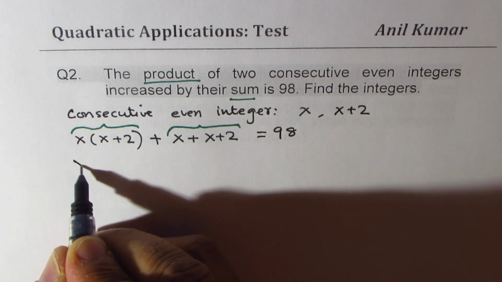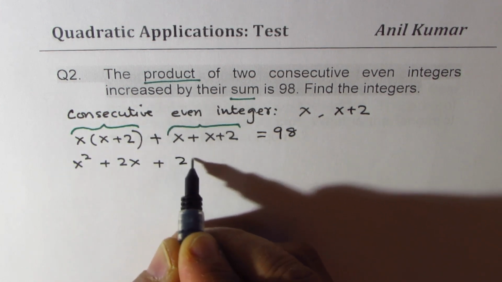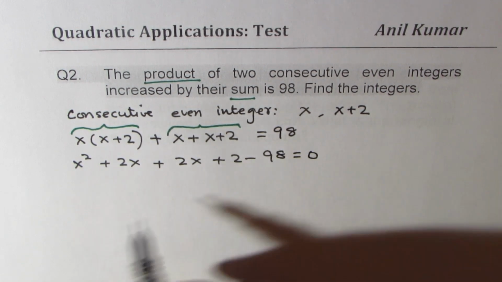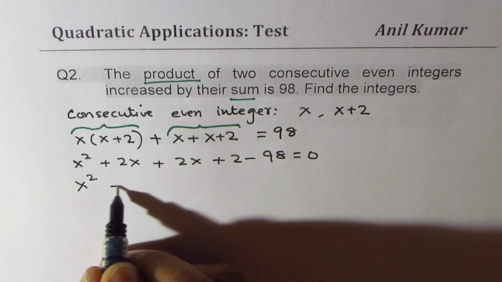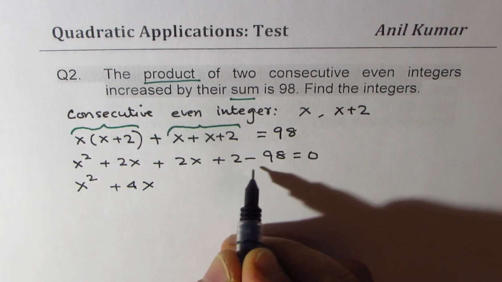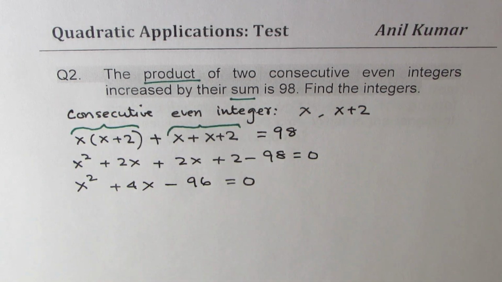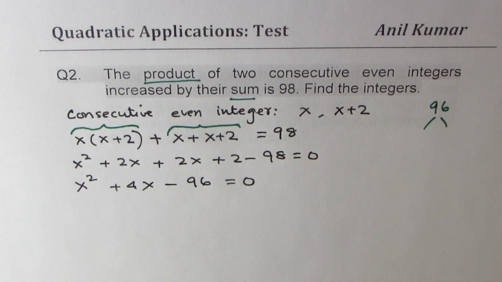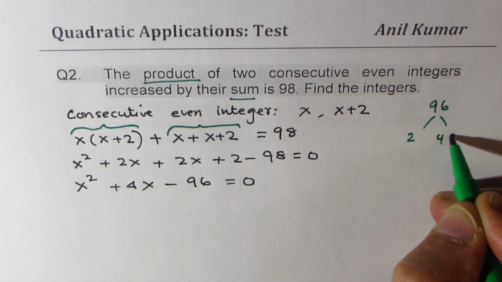Let's open the bracket. We get x squared plus 2x plus 2x plus 2 minus 98 equals 0. So we have x squared plus 4x, and here we have minus 96 equals 0. Now we need to again factor 96. So I'll adopt the same method. So we have 96. Now 96 could be divided by, let's do it in steps, 2 times 48.